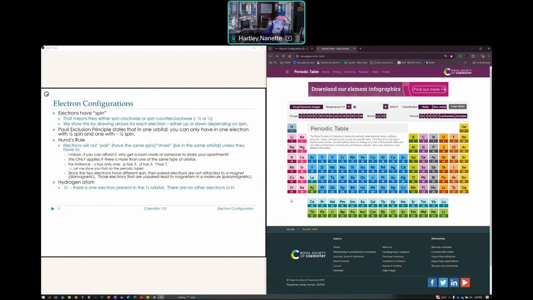And we do that by writing the number of the orbital. So if I'm talking about this first orbital, I know that he's in the first row, so he's a 1. And you know that first orbital is an S type because he's in the first block, so he's an S type. You know that's the orbital that I'm talking about.